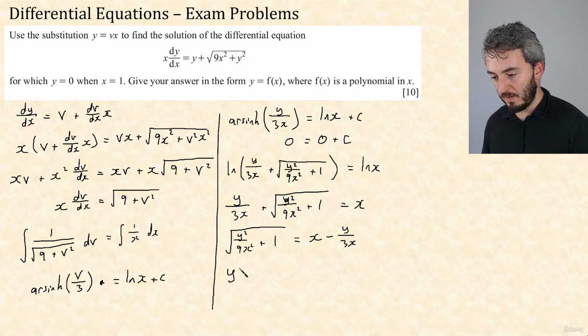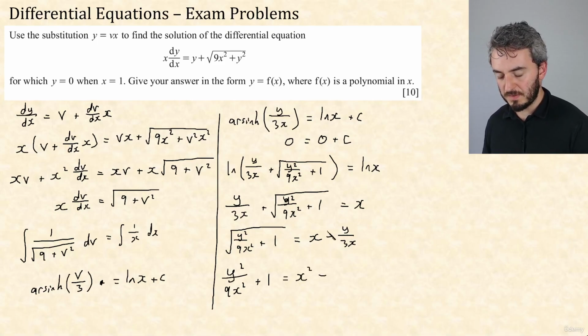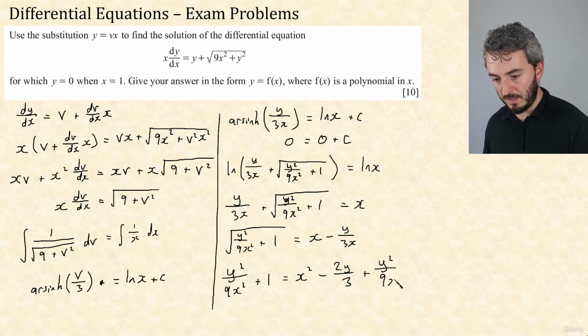Square both sides, we get y squared over 9x squared plus 1 equals, squaring this, we get x squared minus 2 times these two, well, those cancel, giving me 2y over 3 plus y squared over 9x squared.